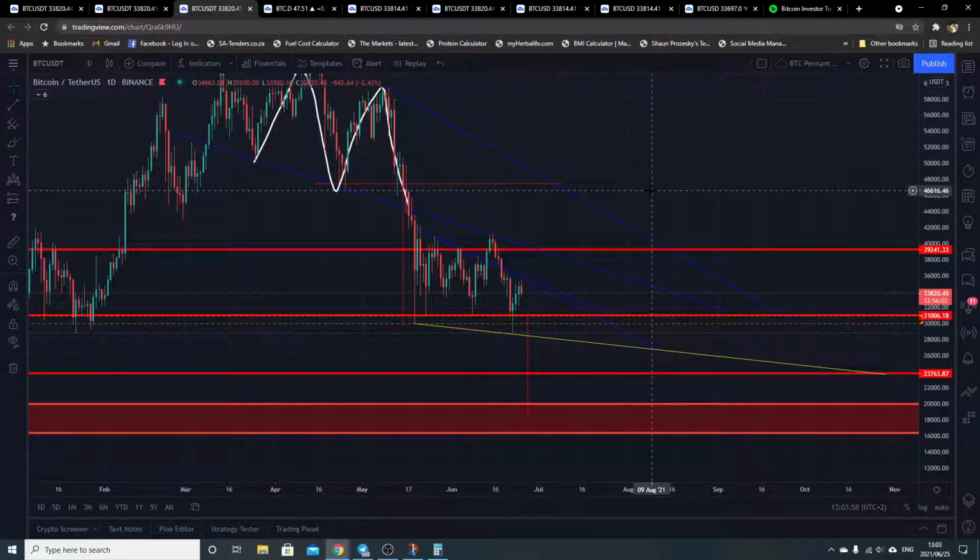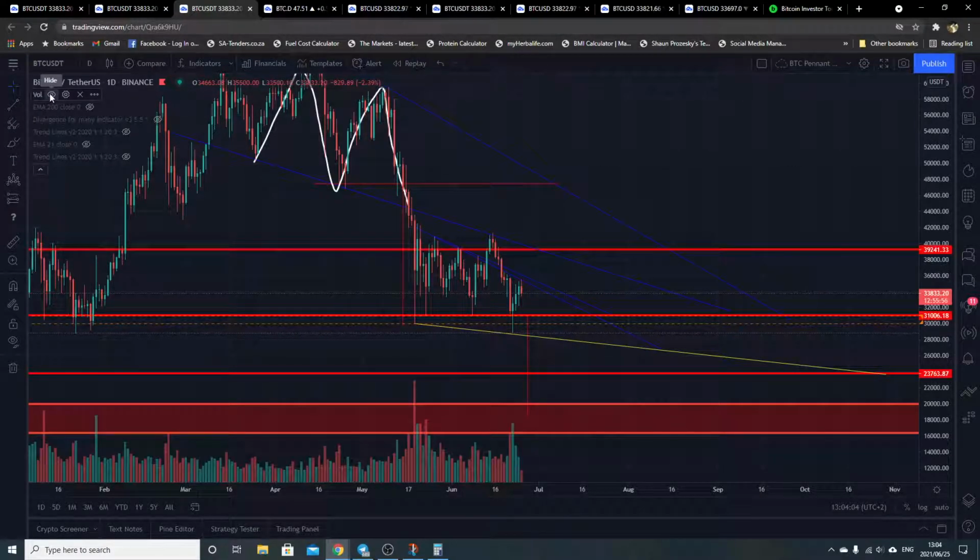Now, on the bullish side, guys, let's pull out our volume here. On the bullish side, we are looking at the volume. The volume is decreasing.